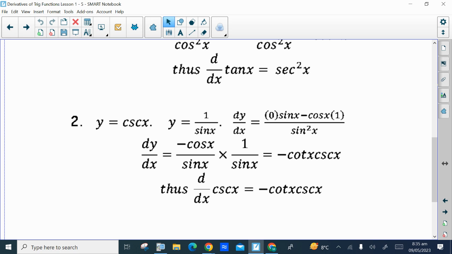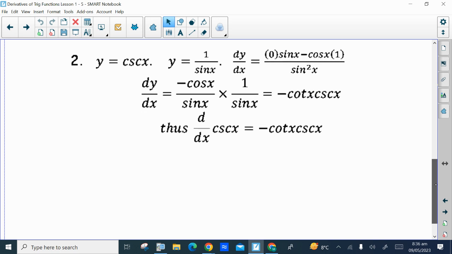So you're going to get negative cos x over sine squared x, which you can break up to negative cos over sine times 1 over sine, and negative cos over sine is negative cotan, and 1 over sine is cosecant. So there we go. The derivative of cosecant x is negative cotan x times cosecant x.